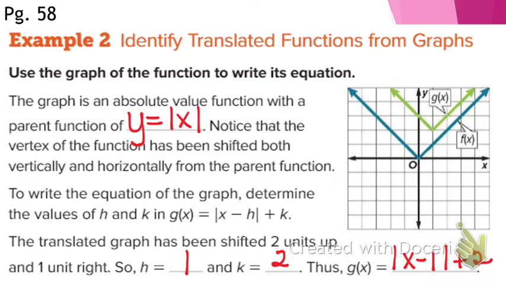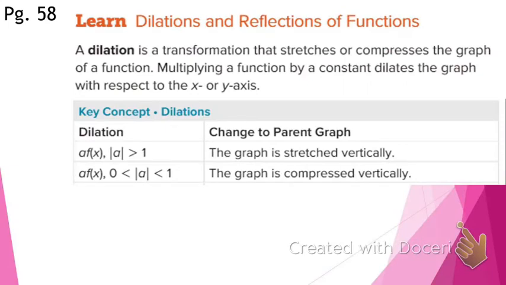All right, there's one more transformation. A translation is a slide. And the last thing we're going to talk about is compression or stretching. So let's look at example 3. But before we do that, looking here, the A value, that's the number in front of X. And it can either stretch it vertically or compress it vertically.